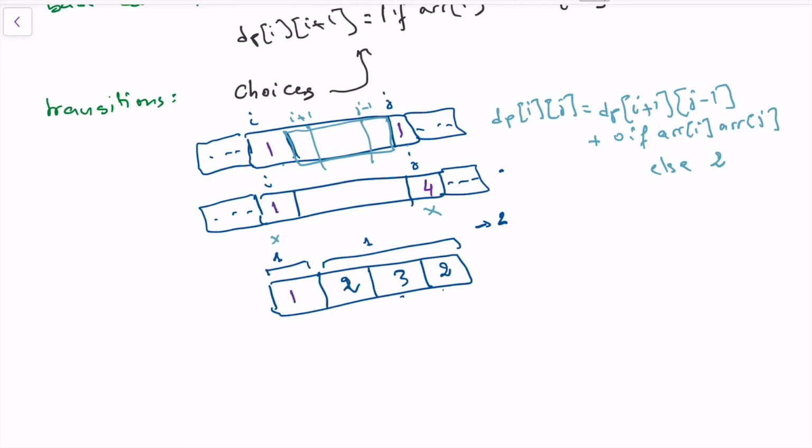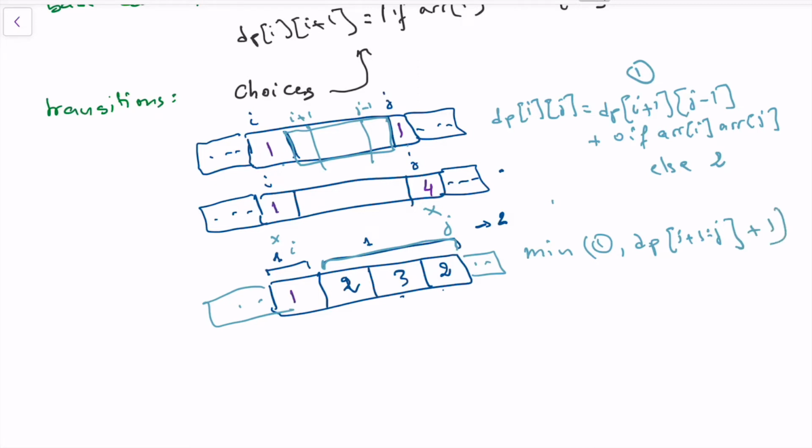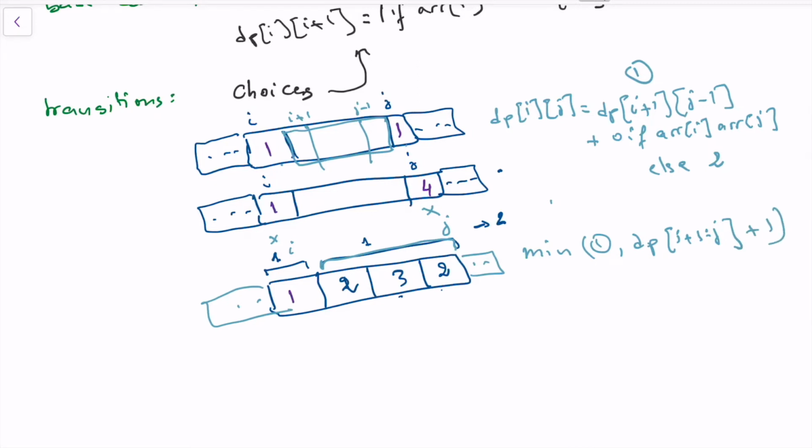So this would be min of that, of 1 here, and of this thing, which is basically, so this is i, we have something here, and we have something here, and this is j. So it would be i plus 1, so that we can get this portion up until j, plus 1 for removing this one here alone, right?